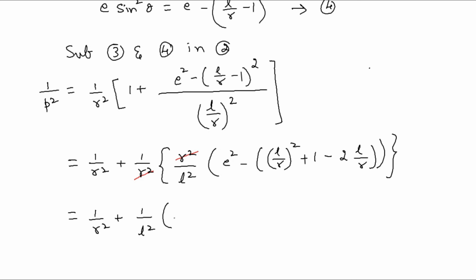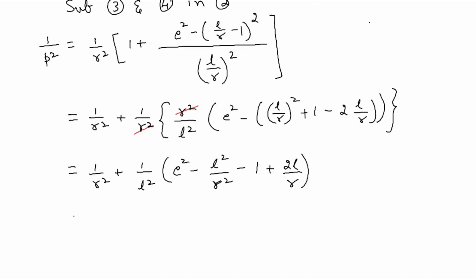Let us try to simplify this. This is E square minus, so let me multiply this negative sign inside. It becomes L square by R square, then minus of 1, since I'm multiplying the minus sign inside. Then minus of minus will become plus 2L by R. Further this can be written as 1 by R square plus, multiply this 1 by L square inside.